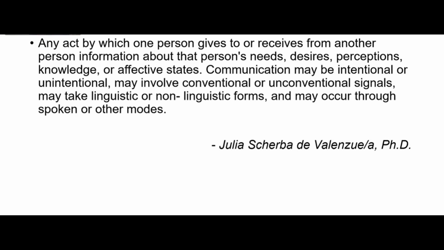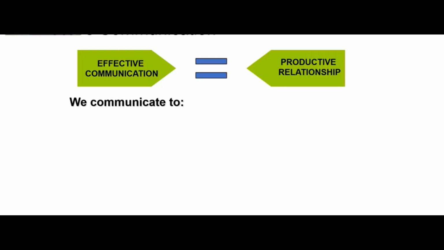That communication could be intentional or completely unintentional, may involve conventional or unconventional signals, may take linguistic or non-linguistic form, and may occur through spoken words or through other modes. So in this one long sentence, everything about communication has been described by Julia. How this business communication process takes place is very worth understanding.